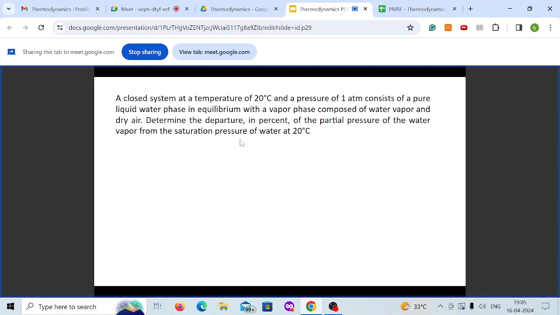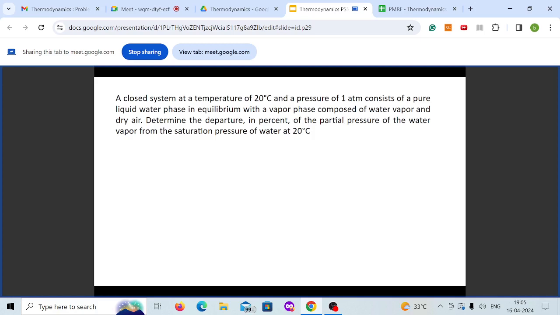So the next question is: a closed system at a temperature of 20 degrees Celsius and a pressure of 1 atmosphere consists of a pure liquid water phase in equilibrium with a vapor phase composed of water vapor and dry air.